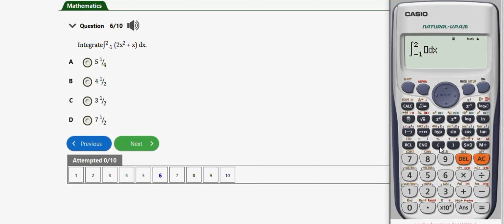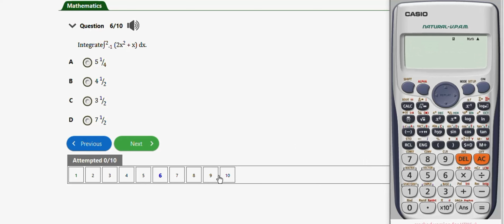We have in bracket 2x after x square, plus x, alpha and this button, close the bracket. So that's it. Let's press equal to see the output. We have it to be 15 over 2. So 15 over 2 is equivalent to 7 and 1 over 2. 7 times 2 is 14 plus 1, 15. So the right answer is option D.